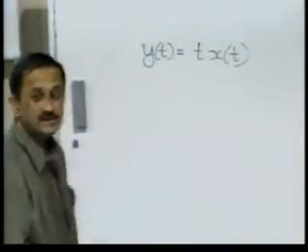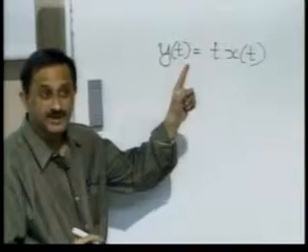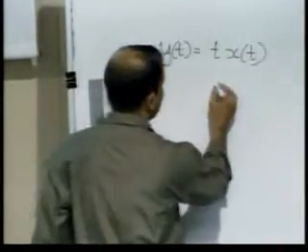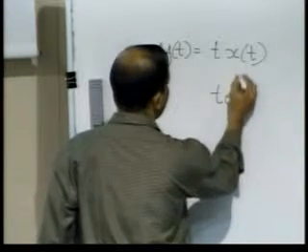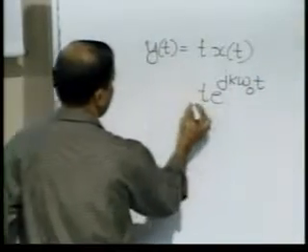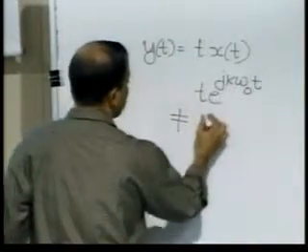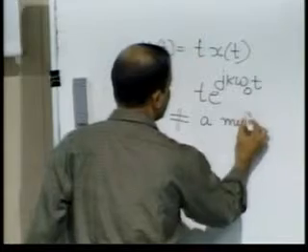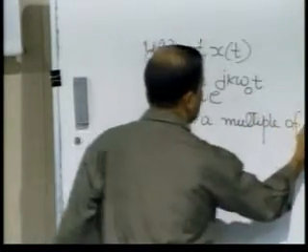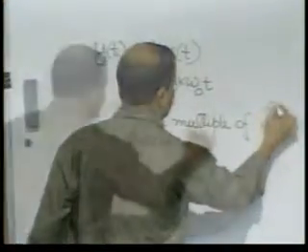All right. Now this is a linear system; it's not shift invariant. But when we put in e raised to the power jk omega naught t, we get t e raised to the power jk omega naught t, and this is not a multiple of e raised to the power jk omega naught t.